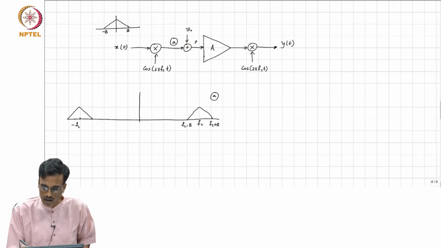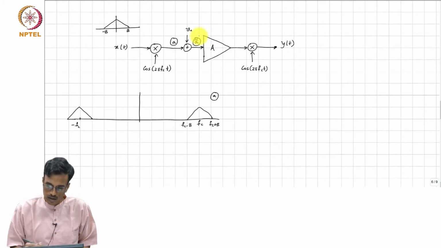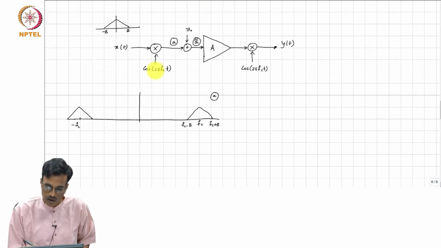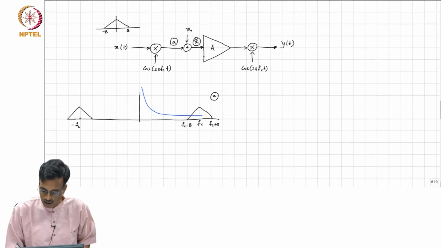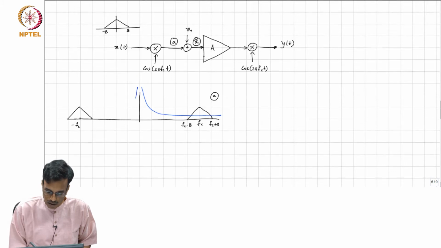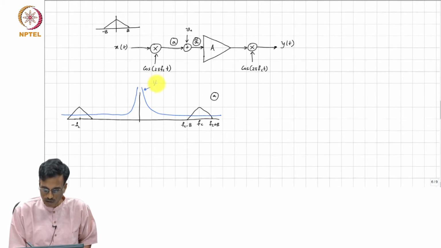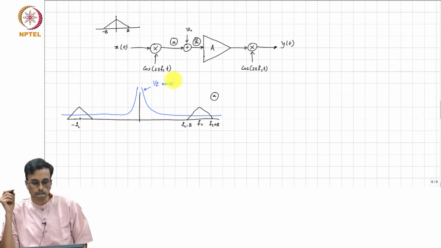What will be the spectrum at A hat? You have to add DC offset and flicker noise. So, let us assume that we add flicker noise now. So, this is 1 over f noise, all right.